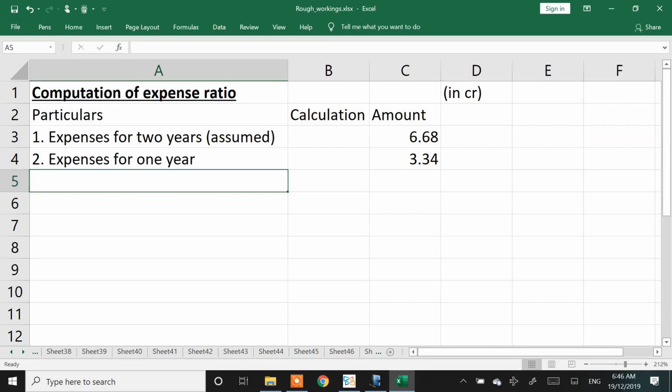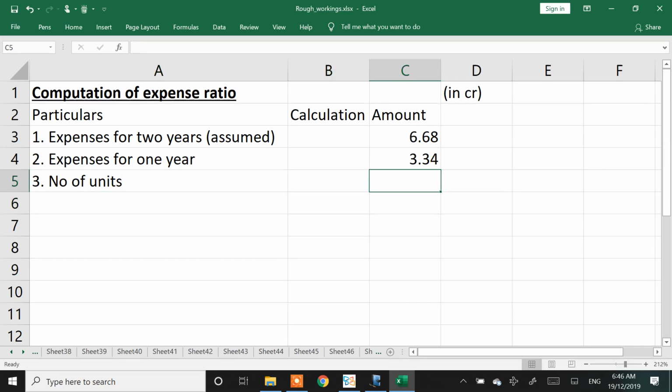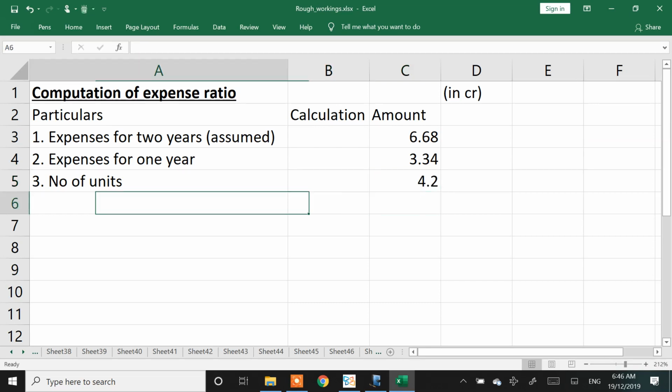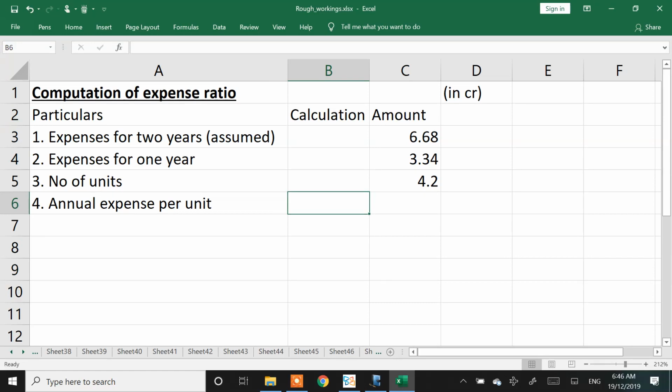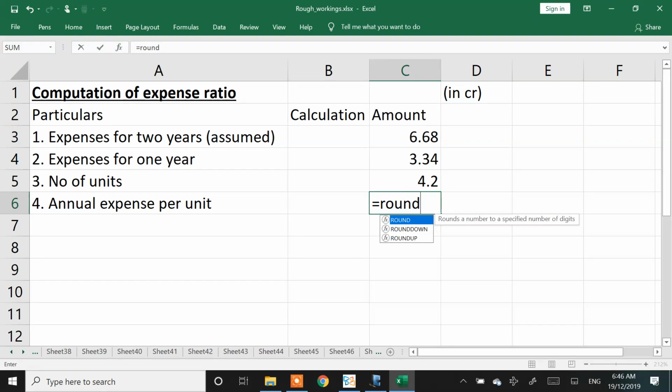Two years is 6.68 crore, 1 year is 3.34. Number of units. How many units are there? And annual expense per unit. Four decimal answer.